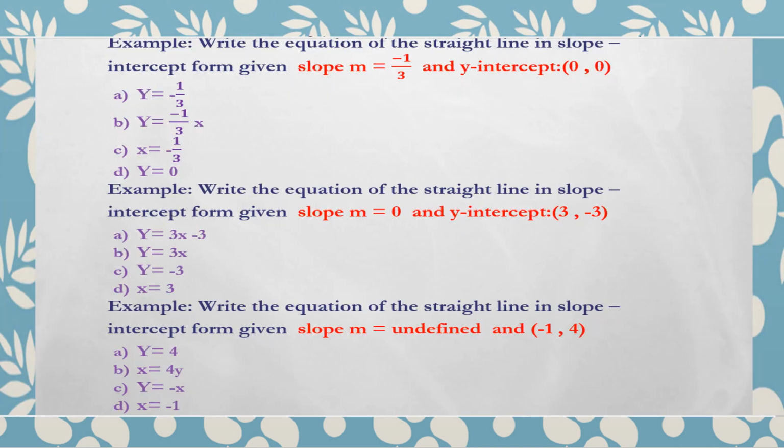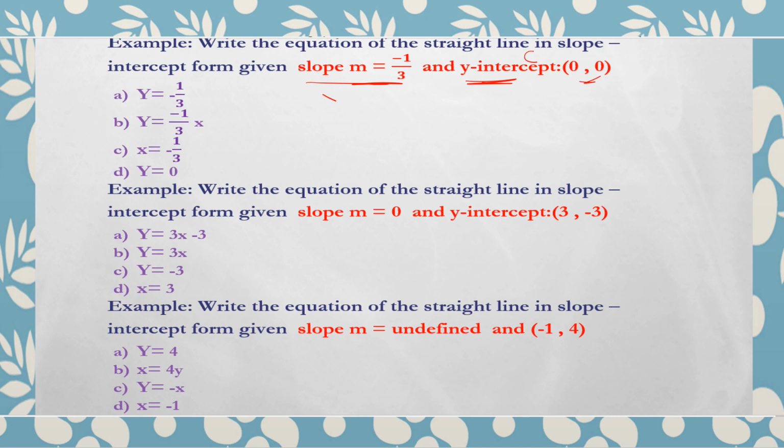Another example, write the equation of the straight line in slope-intercept form from a given slope m equals minus 1 over 3 and y-intercept, which is c, equals 0.